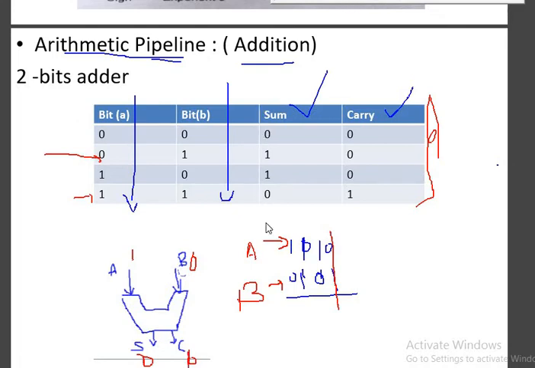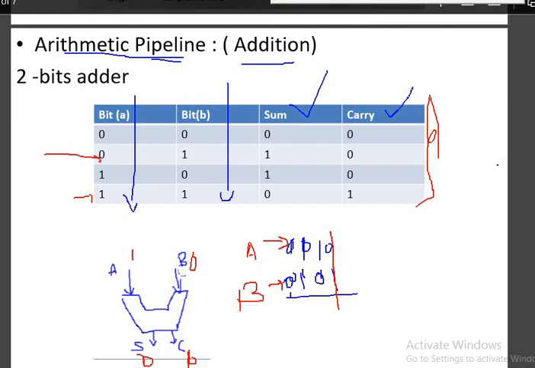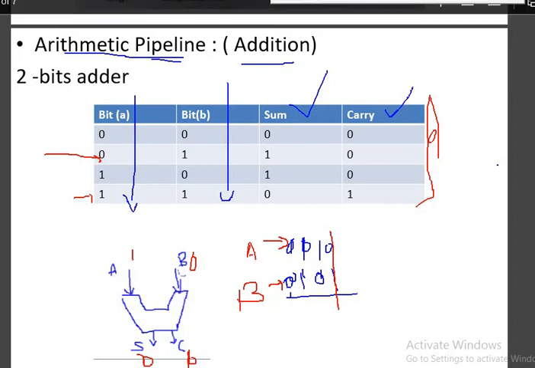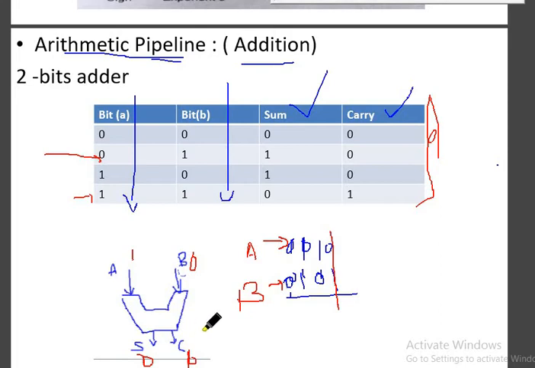If we make the last bits 0, and carry is 1, please forward the carry to the next bit. In the next stage we have to do 0 plus 0 plus 1, but we don't have a carry mentioned here. So what we can do is put it as a carry here.